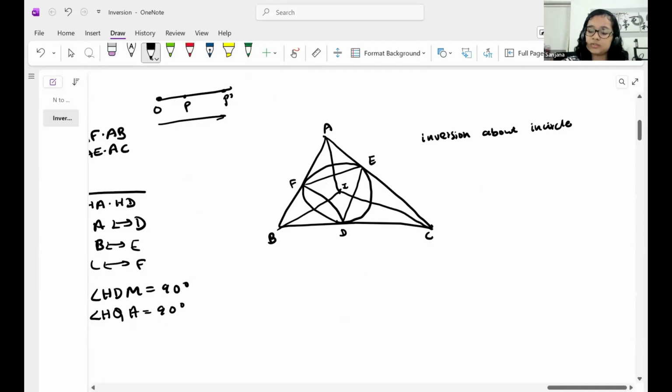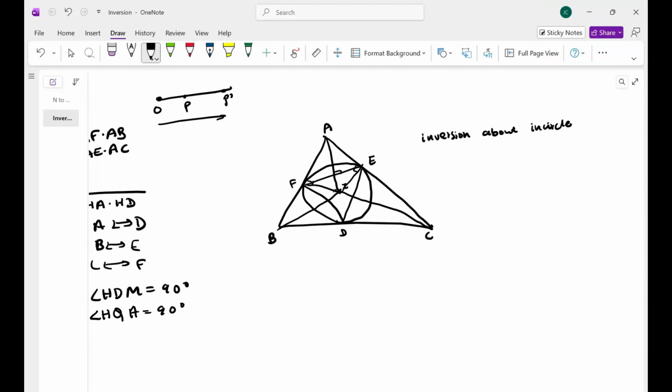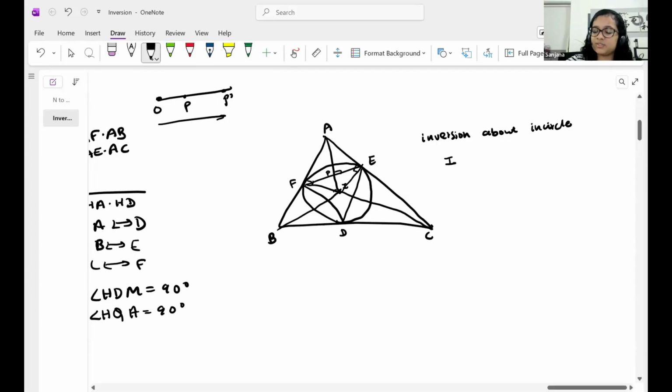And the reason for that is, suppose you join EI, this angle is 90. You know that these angles are also 90. What is the ratio here? The radius of the incircle, it's just inversion about the incircle. So if you call this point, say, P, then by similar triangles you have IP times IA is equal to IE squared, which is equal to R squared.